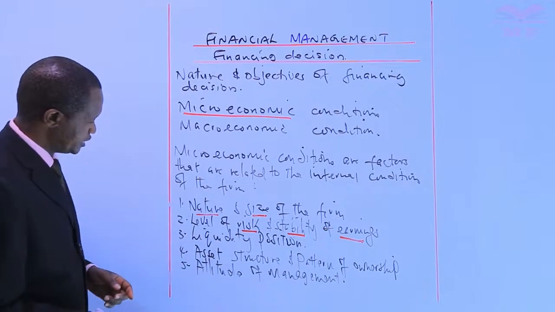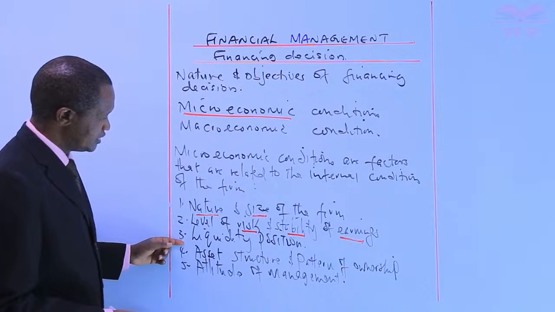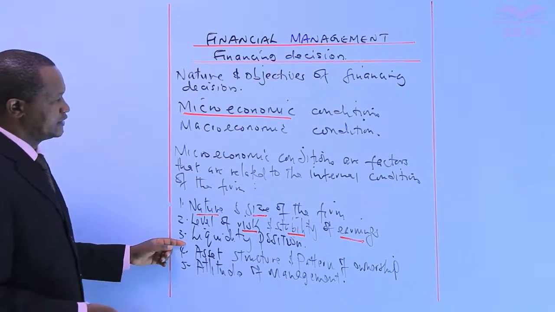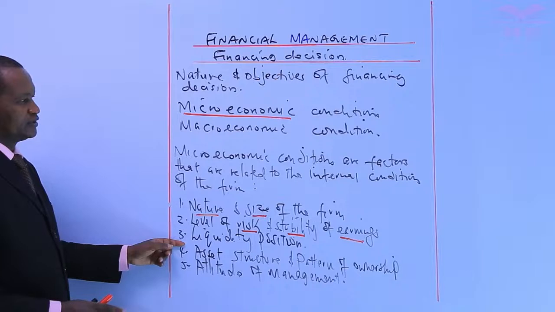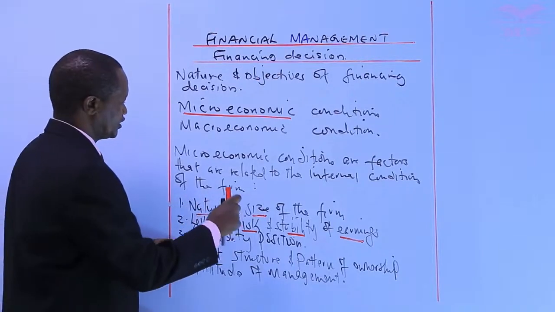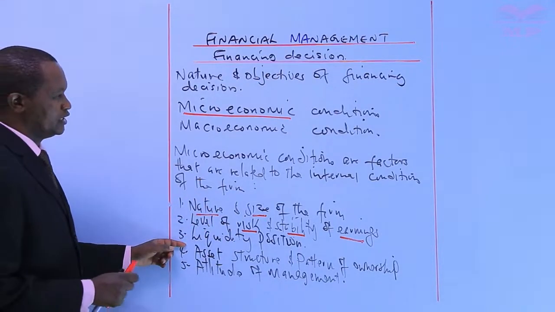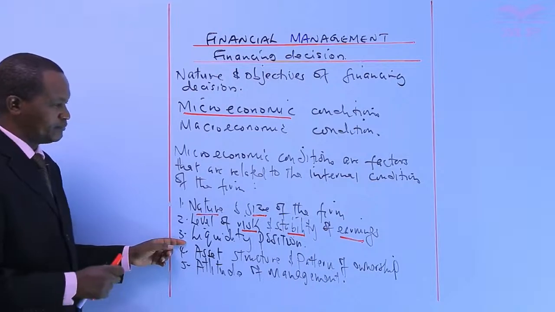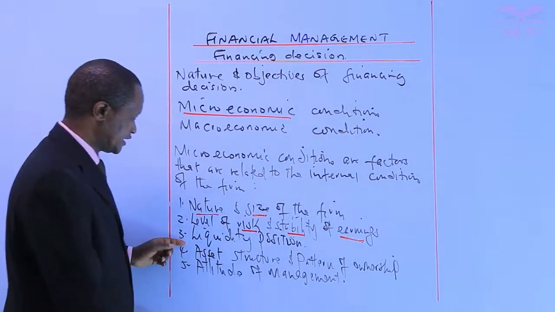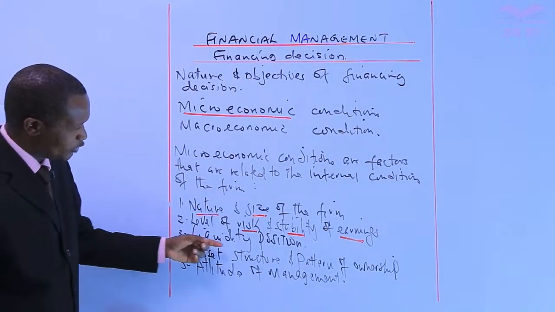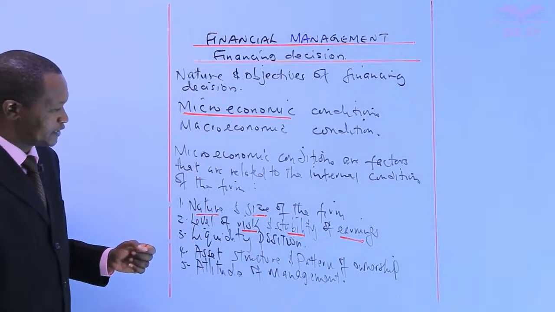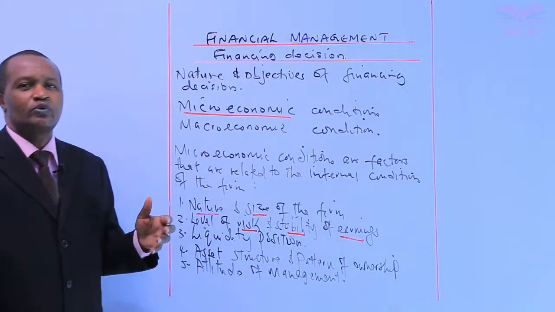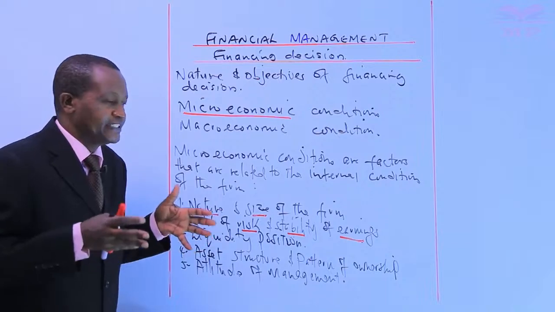So let us proceed to the third factor. We are discussing microeconomic conditions related to the internal conditions of a firm that influence financing decisions. Number 3, we have liquidity position. This is the third factor that influences financing decisions.